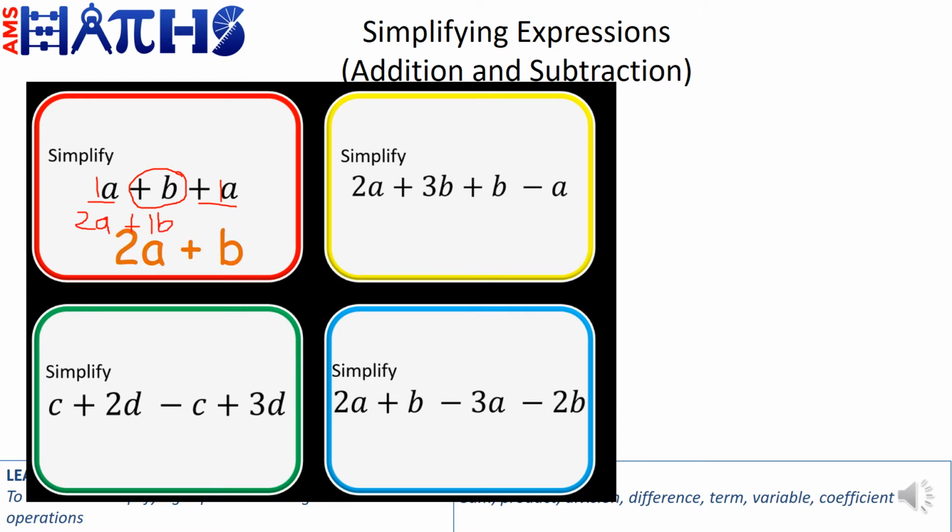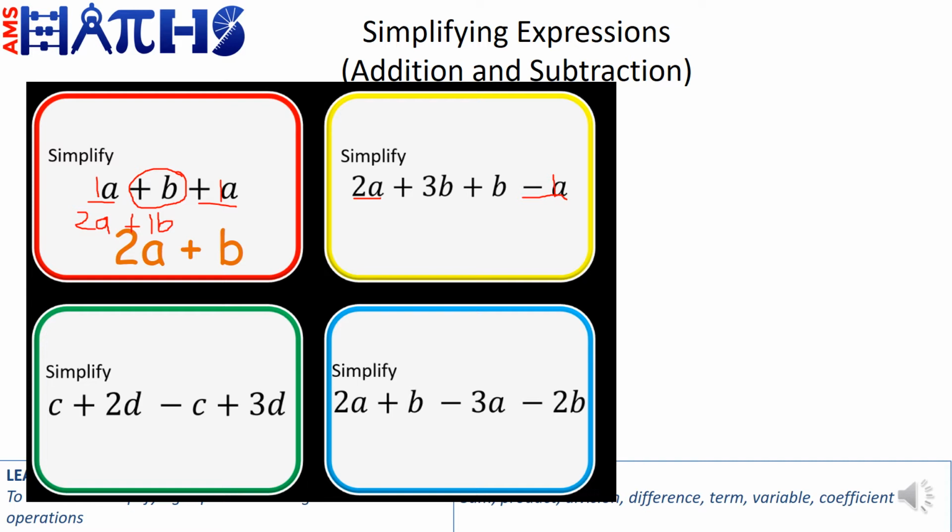In our next example, in the yellow box, we have again different names on our terms. We have a's and we have b's, and so we can combine the a's. Normally when simplifying expressions, we keep the letters in alphabetical order. It's not mandatory, but it just helps us to go through nicely. So we're going to start with the a's, and I have 2a minus 1a.